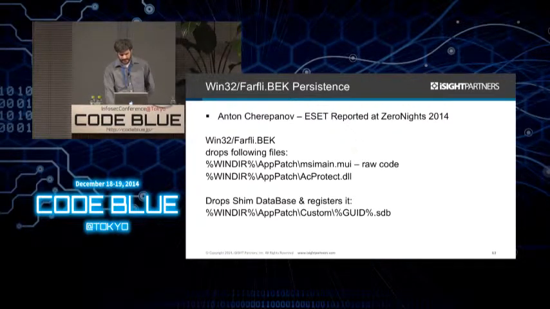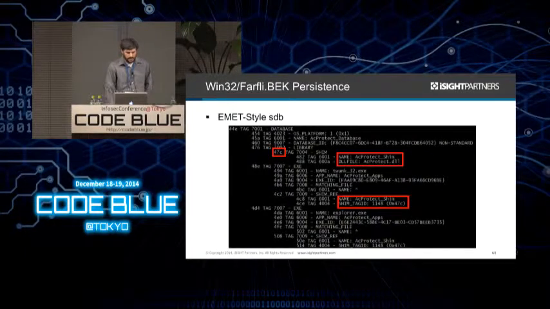If we take a look at the SDB file using SDB Explorer, we can see that there's actually two process names that are listed here, swung32.exe and explore.exe. The first one, you can see that, again, it's got that matching files asterisk. So as long as the process name matches, it's going to apply this particular shim. And then this shim is listed as acprotect.dll.